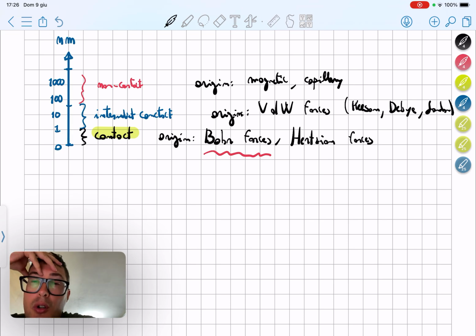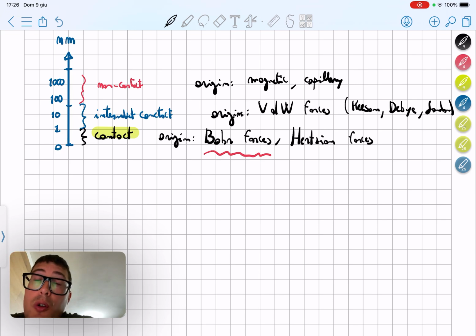So this will cause a repulsive force, due to the electrons of the sample and of the tip being put in contact. These are the quantum mechanical reasons for these Born forces to arise, and they are strongly repulsive forces.